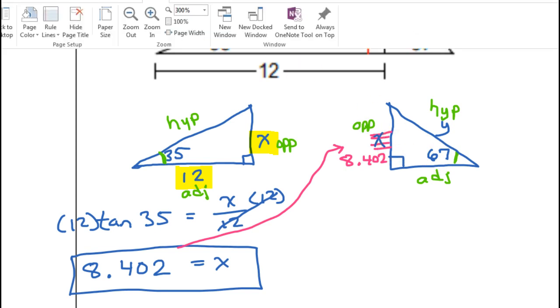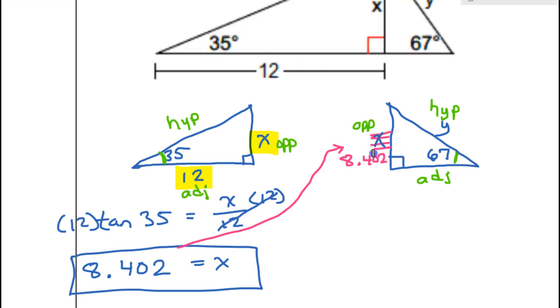Now let's decide which two sides we're going to use. We're going to definitely use this side because it's a number that we have, and we're going to use this side because that's what we're looking for. We're going to use the number we've got and the variable that we're looking for. So that is opposite and hypotenuse.